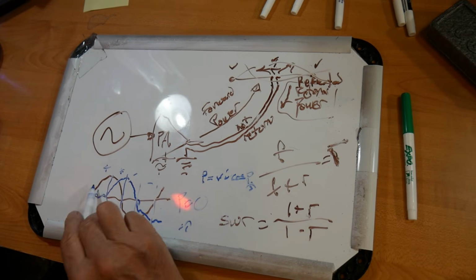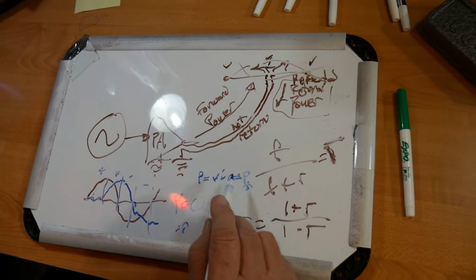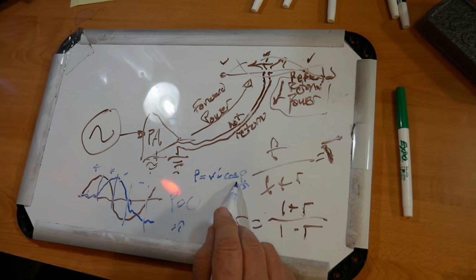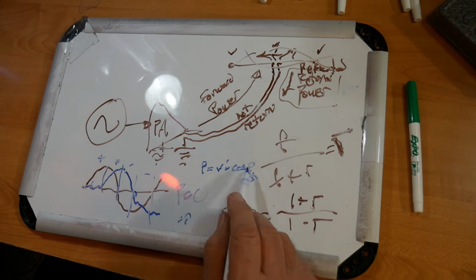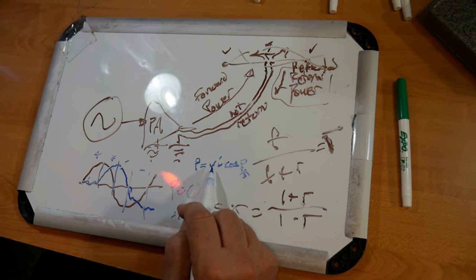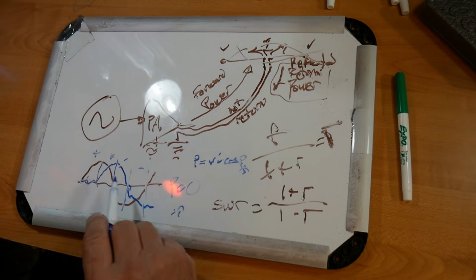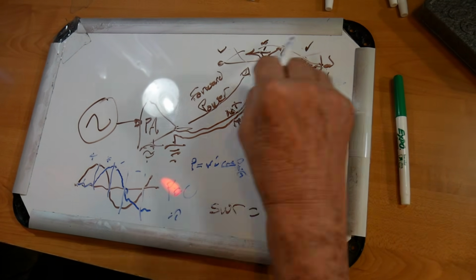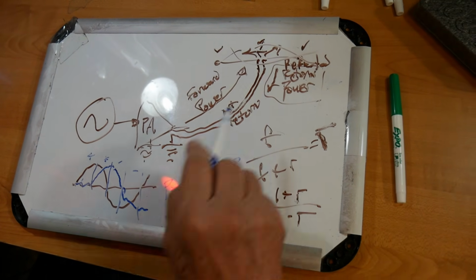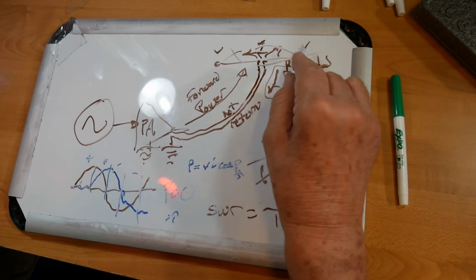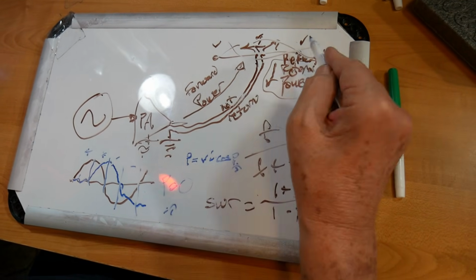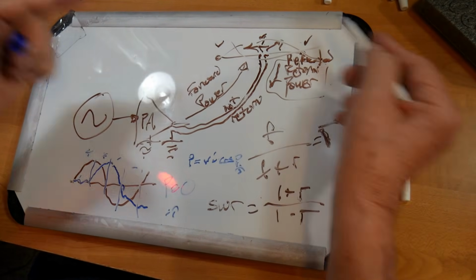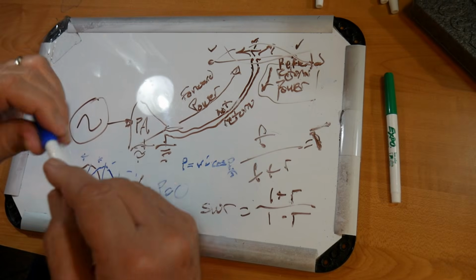And in here, you've got a 90-degree phase angle. Cosine of 90 degrees is 0. 0 times whatever is 0. So if you have out of phase on here, there is no power. So therefore, the voltage and the current are not sine waves out of phase. They can't be, or there wouldn't be any power radiated.